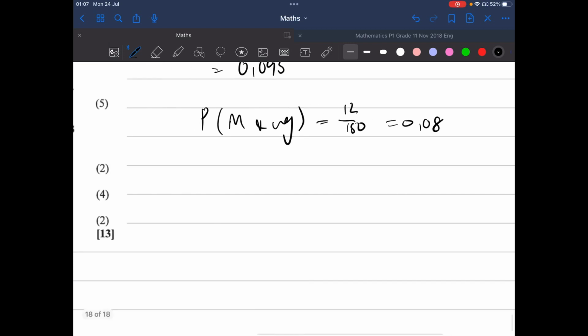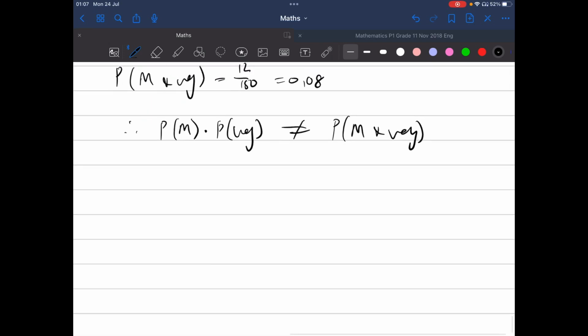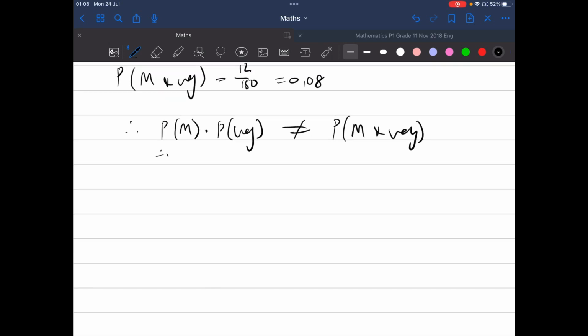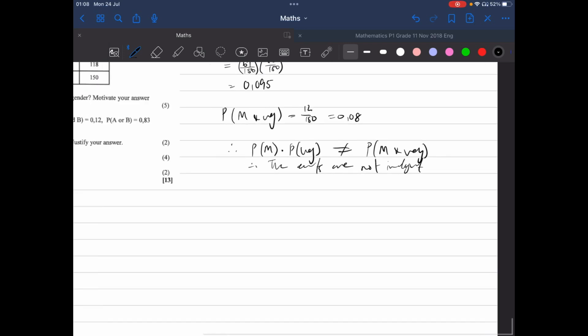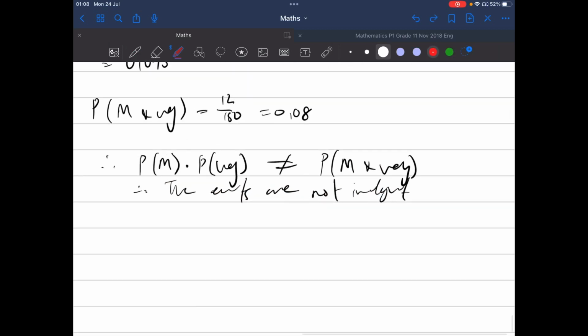So you can see that the probability of male times the probability of taking a vegetarian snack is not equal to the probability of being male and taking a vegetarian snack. Therefore the events are not independent. Make sure you actually state that conclusion, because there's marks for stating that, and make sure that you say that they aren't equal.